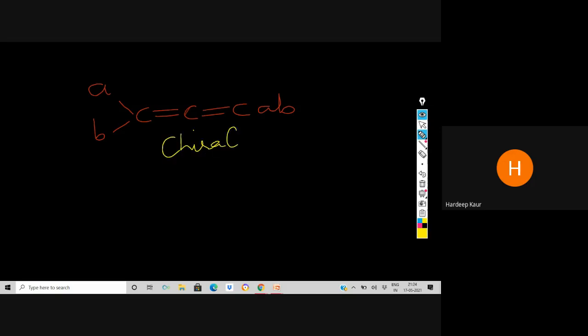So allene, which has two different groups, A, B, double bond, C, double bond, C, A, B, right? So this is chiral due to presence of chiral plane if A is not equal to B, means these two groups are not same, then only this allene is chiral.